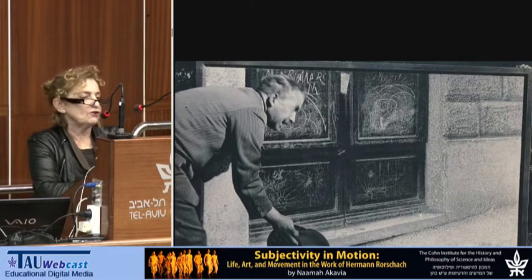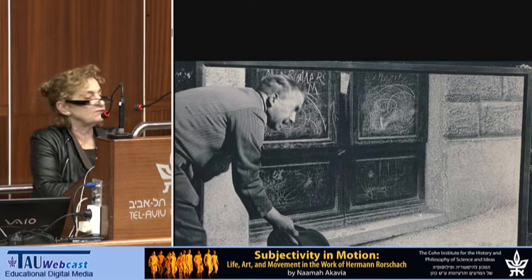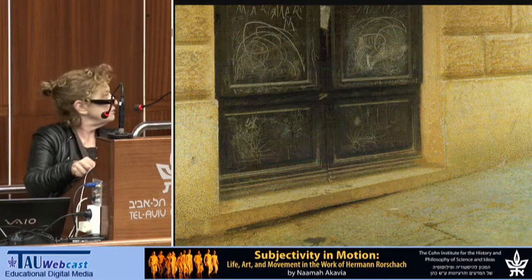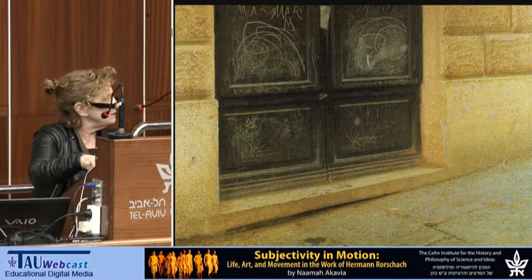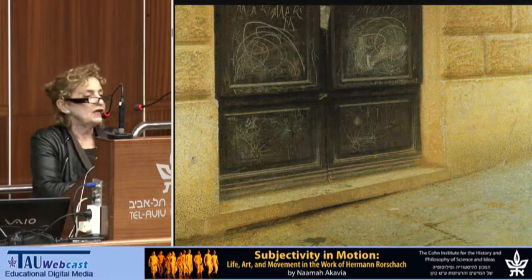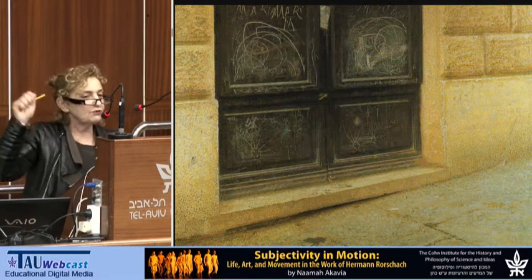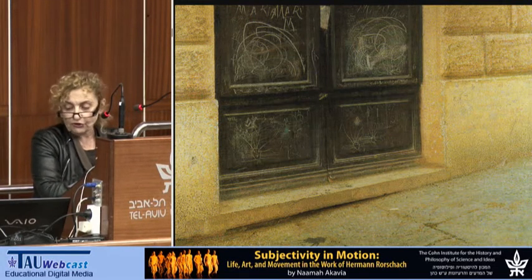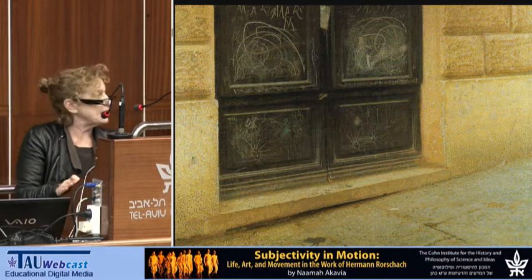The painting is called Bankruptcy, but it's a big door. This is the real painting, where children with chalk have made some drawings on the door, which is closed because of bankruptcy.